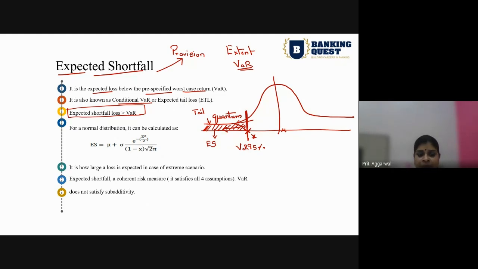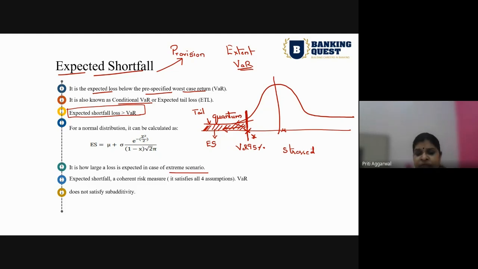So it is how large a loss is expected in case of an extreme scenario, like the way we had during the financial crisis of 2008, right? During such a scenario, your VAR may not give you a clear picture. It may not give you the clear quantum of risk. It will not be the right risk measure.